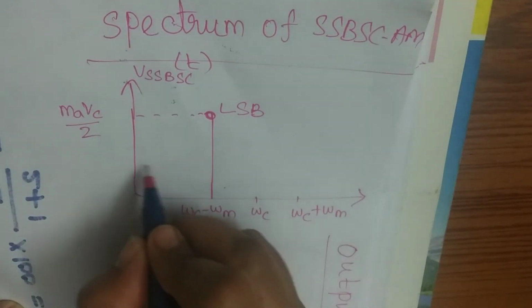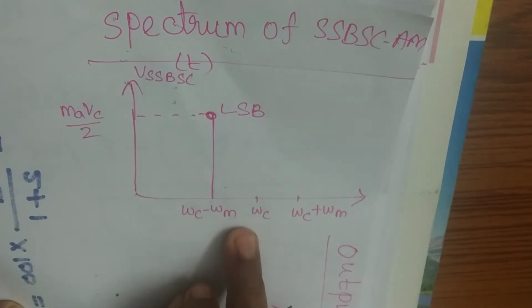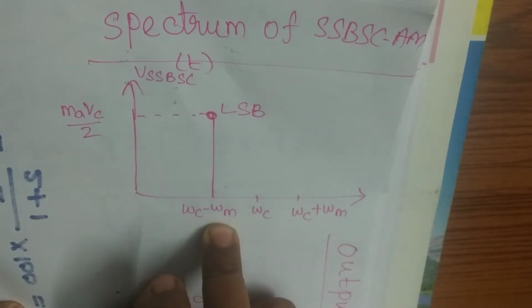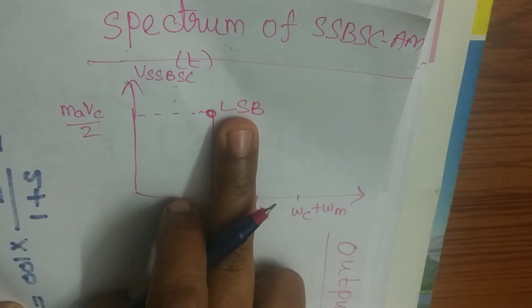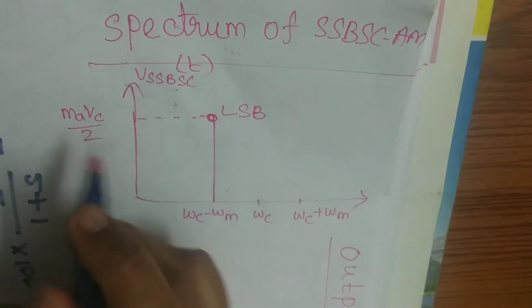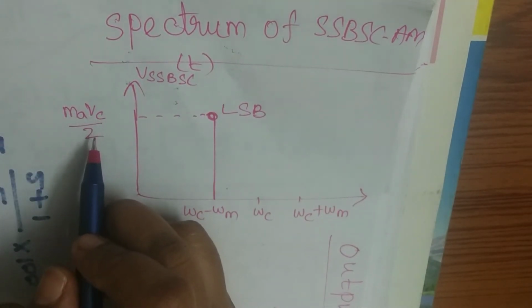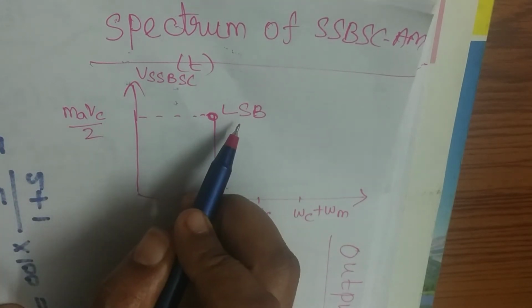So this is the lower sideband, FC minus FM, or omega C minus omega M, is the lower sideband representation. MAVC by 2 is the corresponding amplitude of the lower sideband.